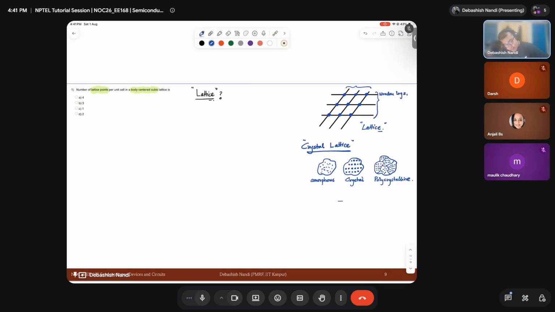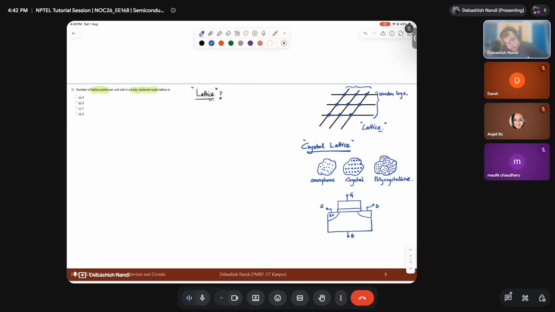In a MOSFET, if you have seen a MOSFET, this is the cross section of a MOSFET. This is my source, this is my drain, this is gate, this is body.